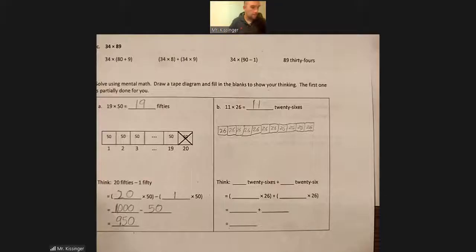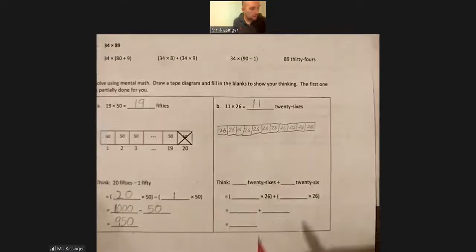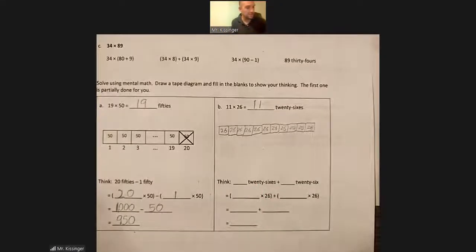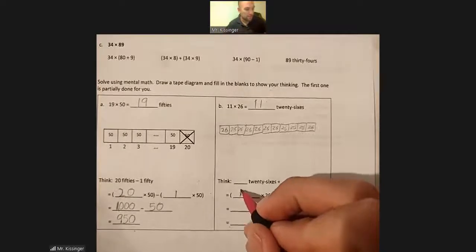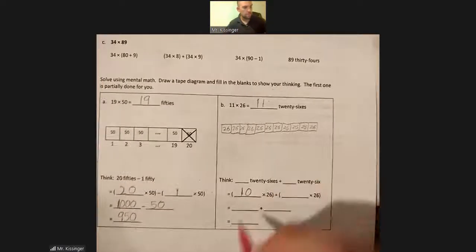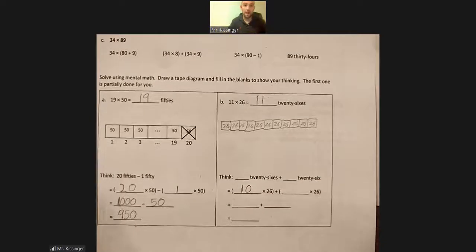So we think instead of 11 26s, what's a nice easy number that we can multiply by 26 that's close to 11? Well, the first one I think of is 10. You could use a different number if you'd like, but I usually like to use multiples of 10 if I can, because they're easy to multiply by.